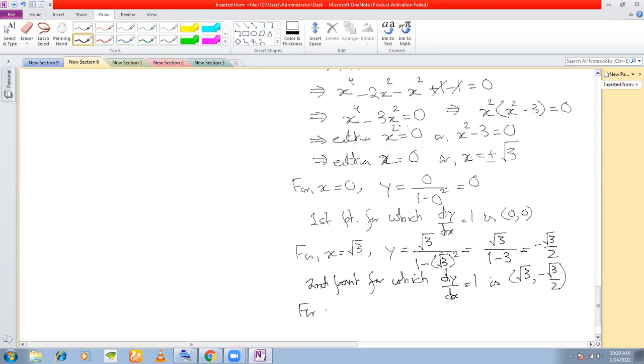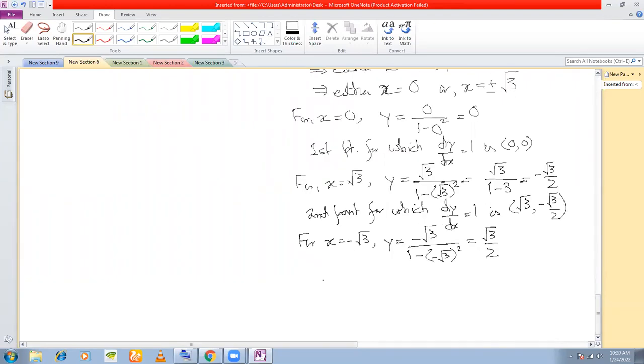And for the third point, the x coordinate is minus root 3. Therefore, the y coordinate will be minus root 3 divided by 1 minus minus root 3 square. So you are going to get root 3 by 2.